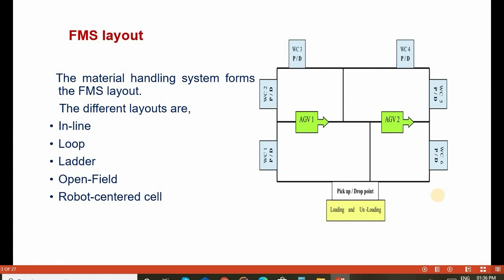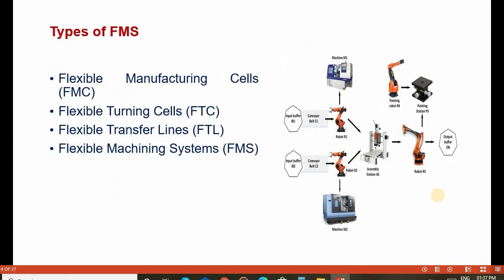These are the layouts used for material handling in flexible manufacturing systems. There are various types of flexible manufacturing systems used in industry, such as flexible manufacturing cells, flexible turning cells, flexible transfer lines, and flexible machining systems.